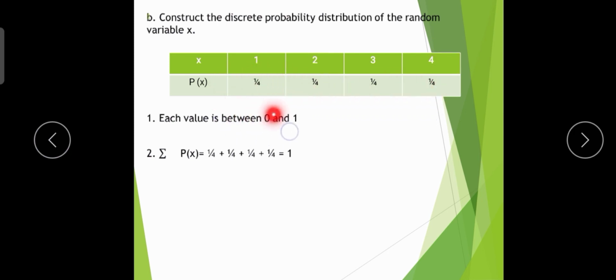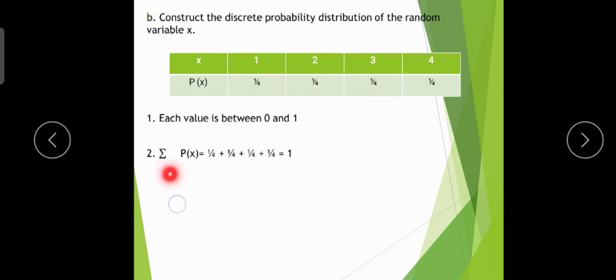Titingnan natin kung ito ba ay nasatisfy niya yung property of discrete probability distribution, yung property number 1 and 2. Sa property number 1, each value is between 0 and 1. So, tama nga. Naka-proper fraction siya. 1 over 4, 1 over 4, and so on.